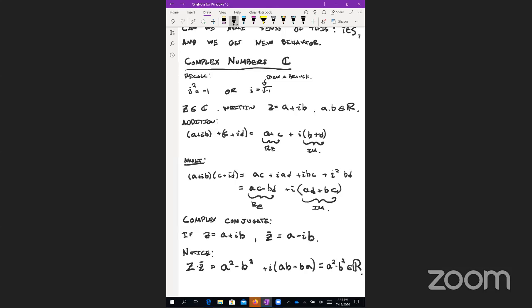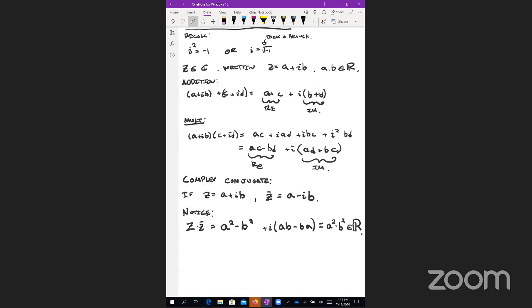And we can actually use this to define division if we want, right? That means every complex number has a multiplicative inverse, something you can multiply it by to get 1, which is just the complex conjugate divided by, let me just write that.